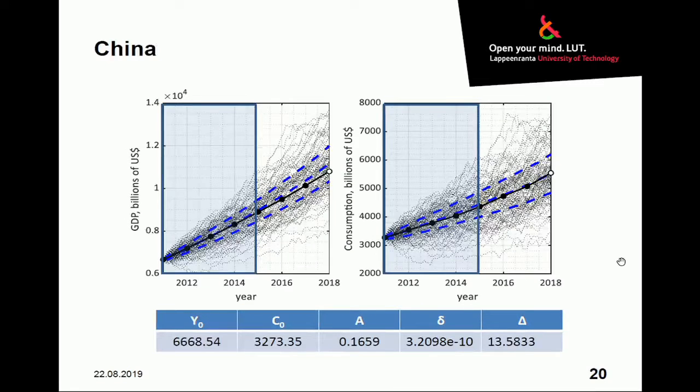Australia and China demonstrated a rather good result. I must comment that the last point is a preliminary point. It obviously will be corrected in half a year, maybe a year, so it is not the final result.